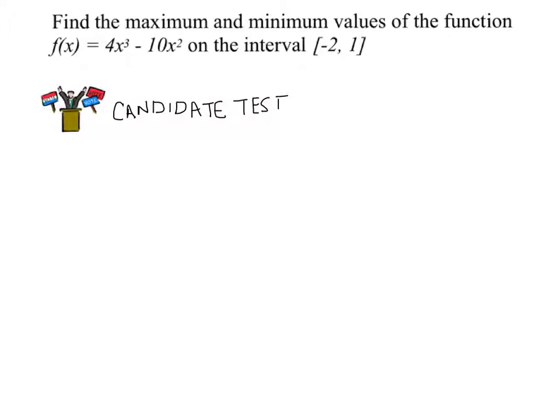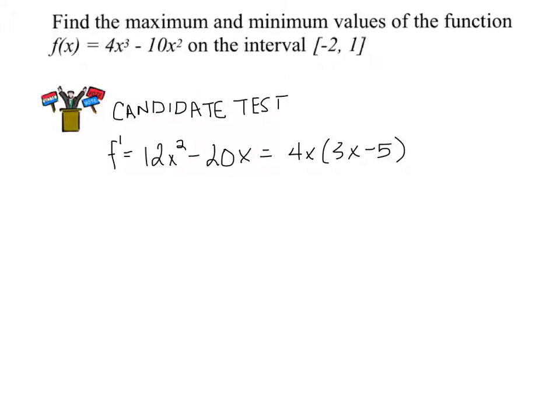Now the first thing, thinking back to the last slide, a max or min could occur when the derivative is 0. So let's find the derivative. Okay, it's going to be 12x squared minus 20x. Let me do a little factoring. Okay, I could take a 4x out of each term and I'd be left with 3x minus 5.